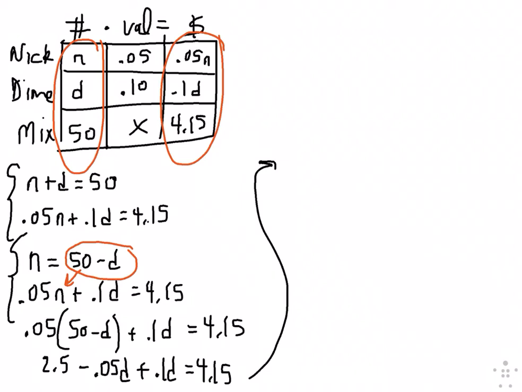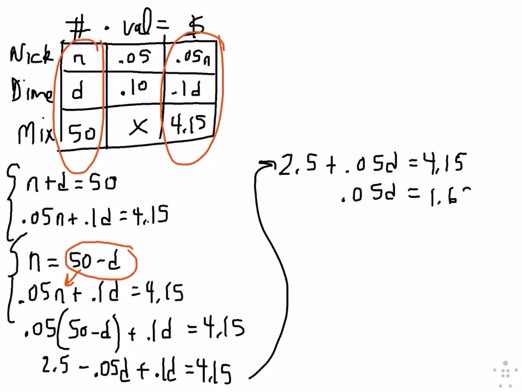I combine my like terms, so I have 2.5 minus 0.05D plus 0.1D is plus 0.05D equals 4.15. So subtract 2.5 from both sides, so I have 0.05D equals, that's $1.65, right? $4 minus 2.50 would be $1.50, so another 15 cents.